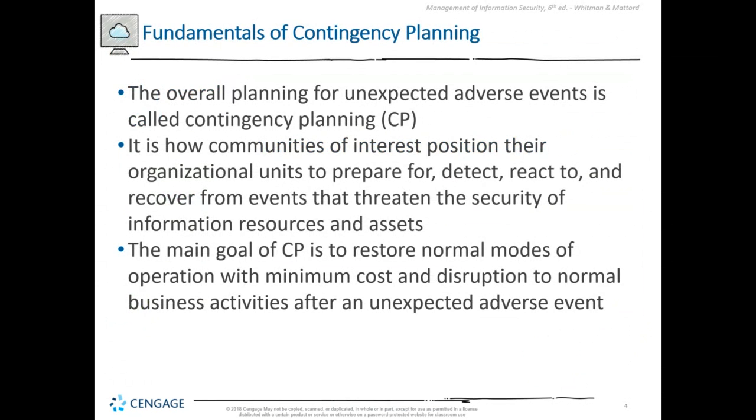All right, so first we'll look at what contingency planning is. The broad process of planning for the unexpected is called contingency planning. Its major components are the business impact analysis, incident response planning, disaster recovery planning, and also business continuity planning.